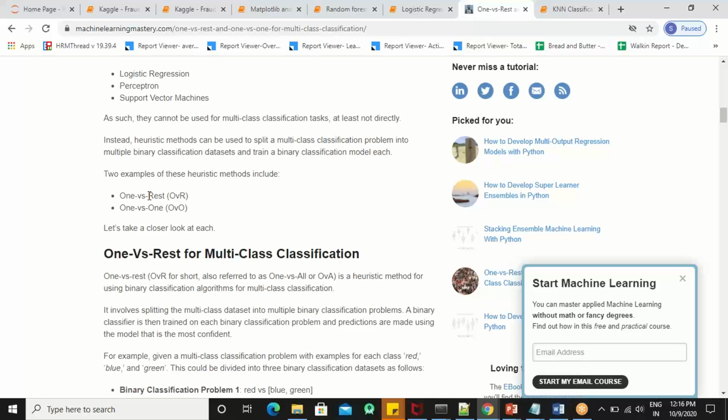To do that we have OVR and OVO. OVR is one versus rest. मतलब मान लो आपको 3 क्लासेस प्रिडिक्ट करनी है, you have to predict 3 classes.